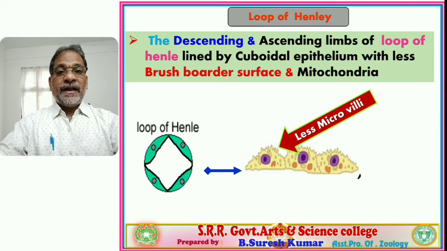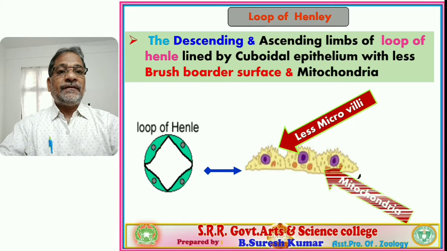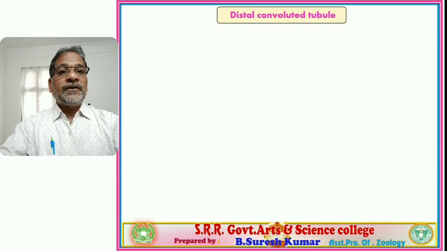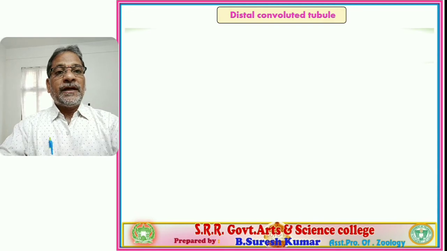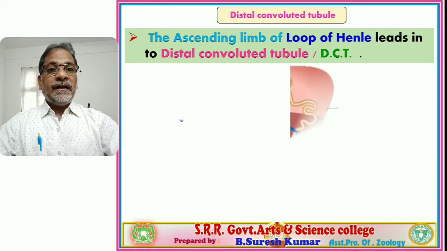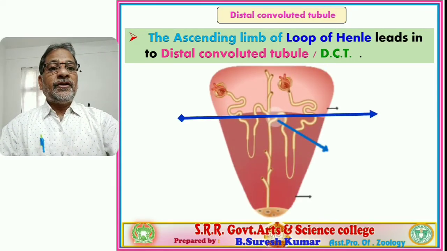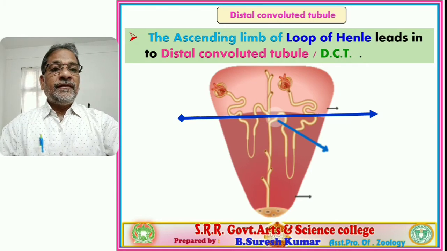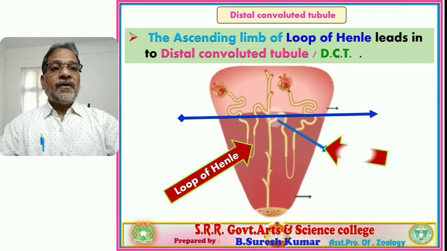The microvilli are very few and mitochondria are also less in number. So the subsequent part, the distal convoluted tubule. The ascending limb of the loop of Henle leads into the distal convoluted tubule. You verify, this is the distal convoluted tubule. It is a highly coiled tubular structure that is retained in the cortex portion, right?